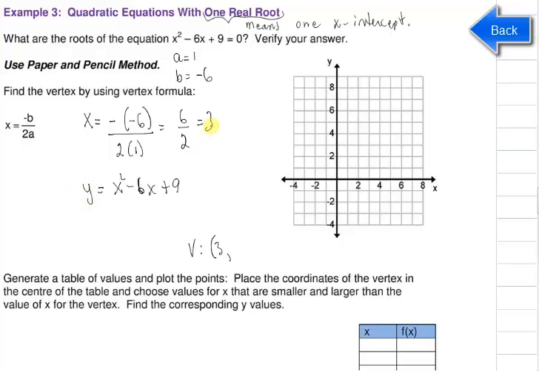So I want to find out what y is when x is 3, so I'm going to plug in 3 for my x's. And I'm going to simplify all that, so 9 minus 18 plus 9, and I get that y is equal to 0. So I can see that my vertex is at 3 and 0. So that's the first point on my graph.